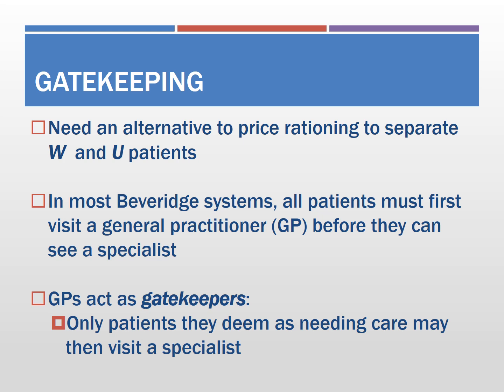Without these recommendations from the general practitioners, patients in general cannot get the specialist service that they want. So in this case, if the gatekeeper is doing a good job, the only patients who get the benefits from the surgery or the treatments are the ones who are really in need of the service.